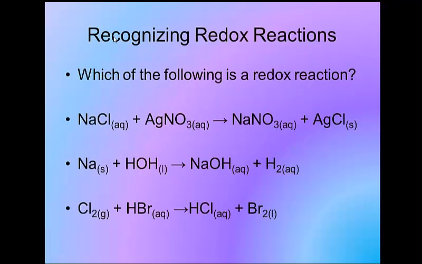Alright, take a look at these 3 examples, and what I want to know is which one, or 2, or all, is a redox reaction. Notice that for my first example, I have a compound and a compound, so this guy is a metathesis or double replacement reaction.